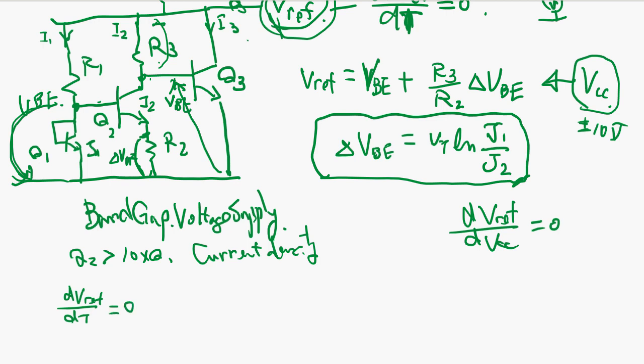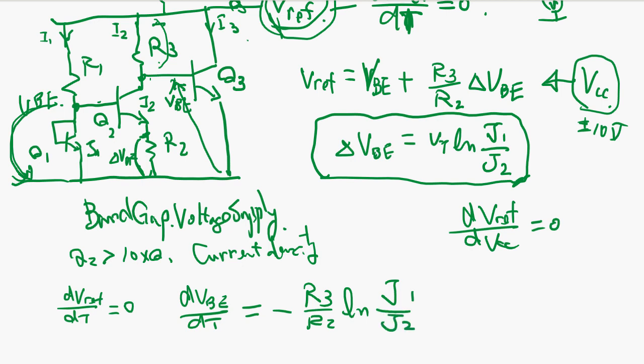That means dVBE/dT, right, is going to be R3 over R2 times the log of J1 over J2.